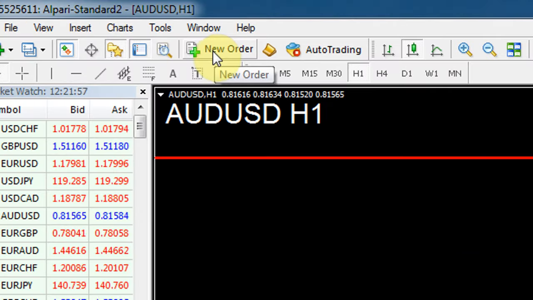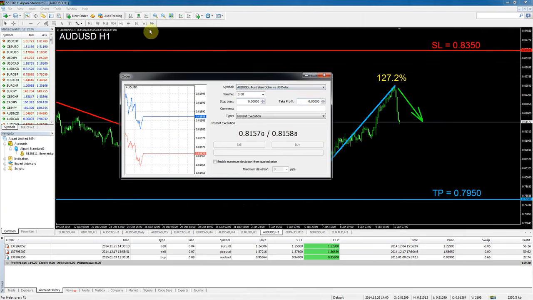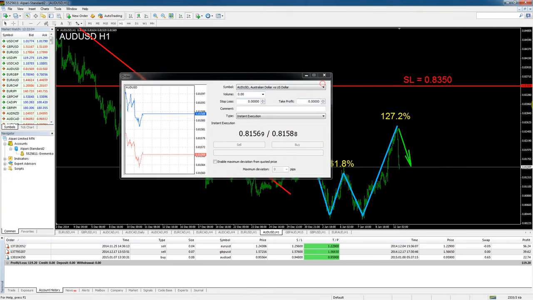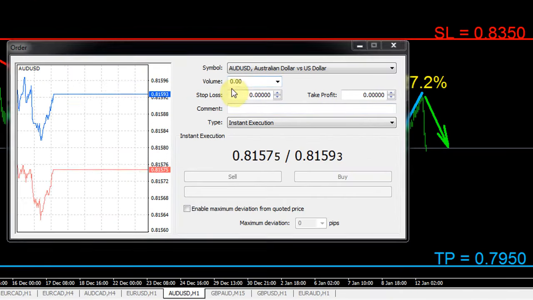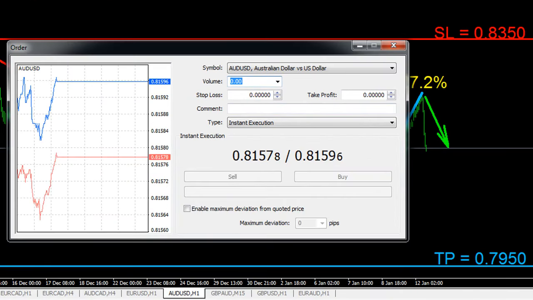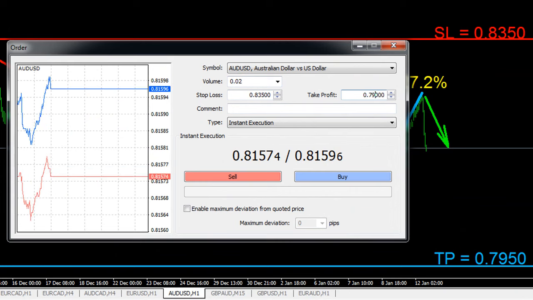So now I'm going to click the new order button up at the top here. This will bring up the new order screen. I'll zoom out a bit so we can see everything at the same time. Alright, so our lots are 0.02, stop loss is 0.8350, take profit is 0.7950.